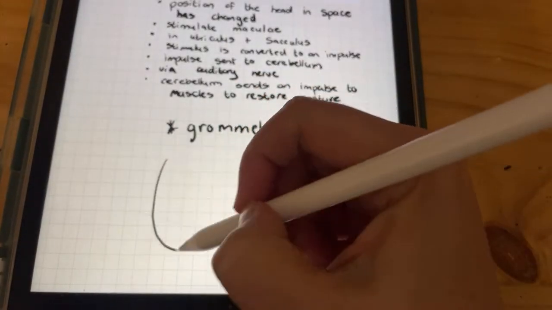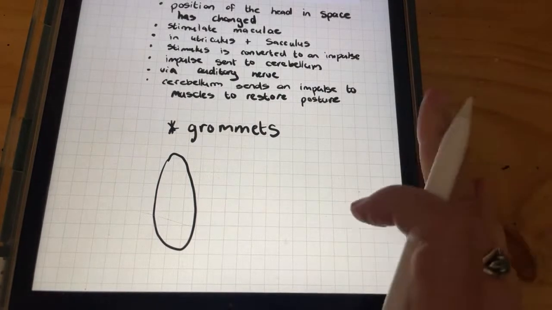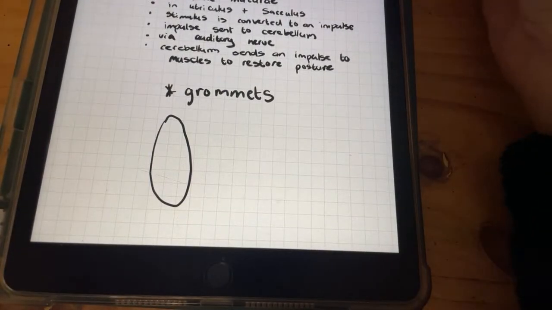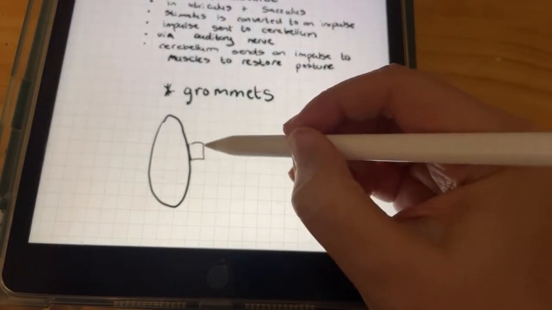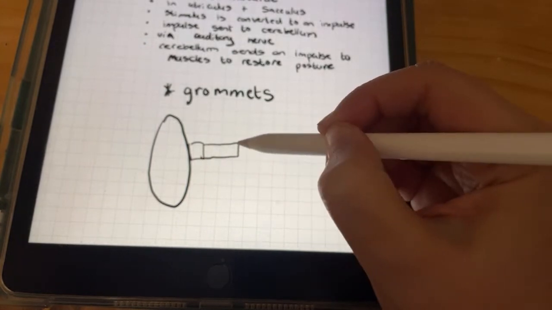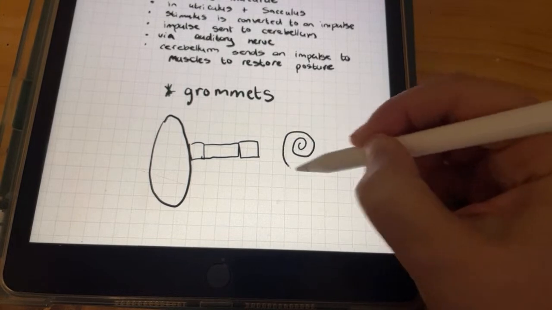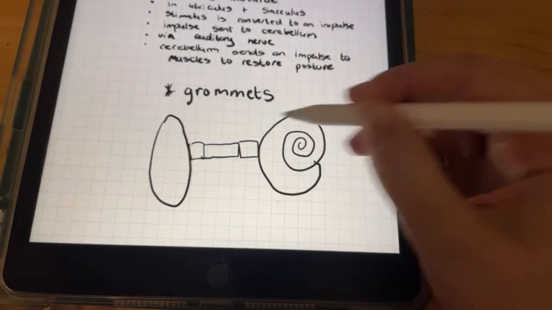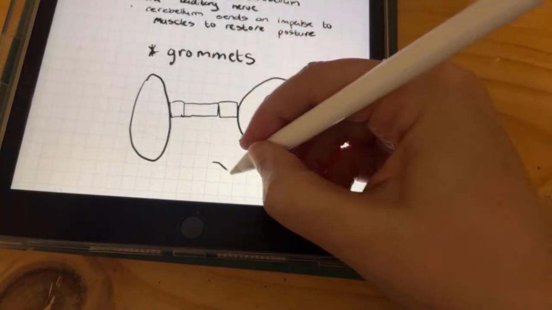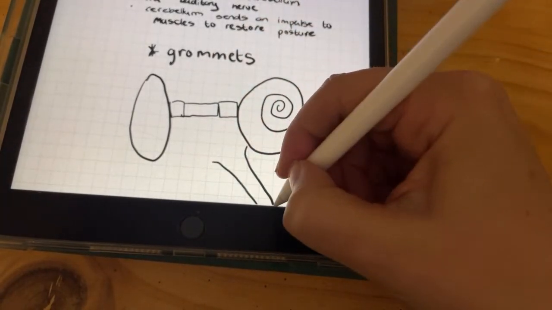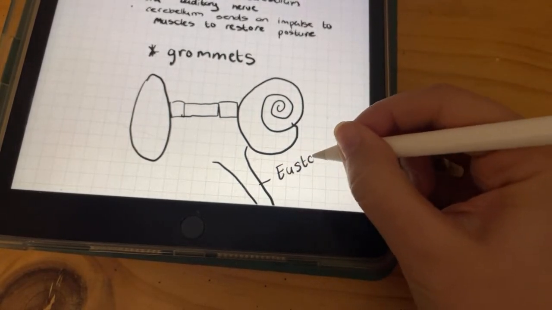So this is your tympanic membrane or your eardrum. If these are your ossicle bones, I'm just going to draw 3 shapes here to represent the bones. And then here is your cochlea. This is the middle ear. There is a tube that runs down here called the Eustachian tube.